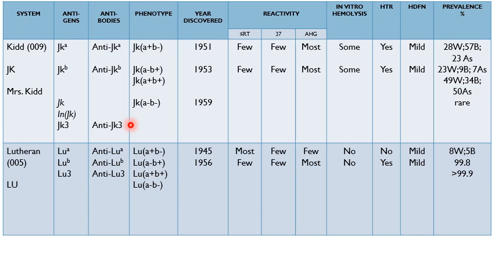But the dominant type JKA negative B negative does not make anti-JK3. So again, the recessive type of the null phenotype makes the anti-JK3 and the dominant type does not make the anti-JK3.